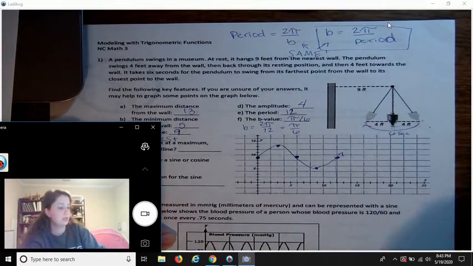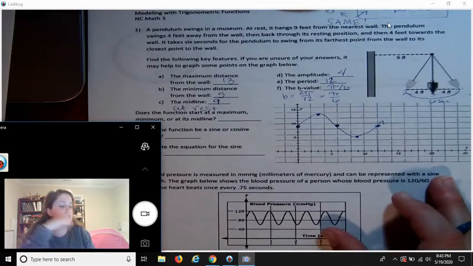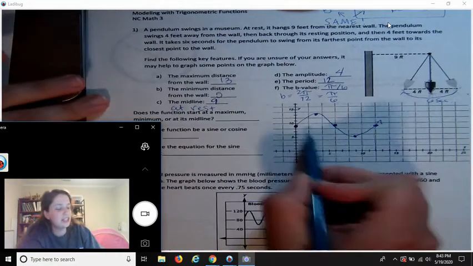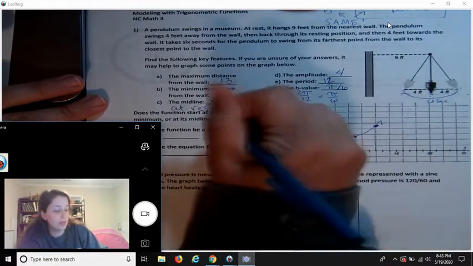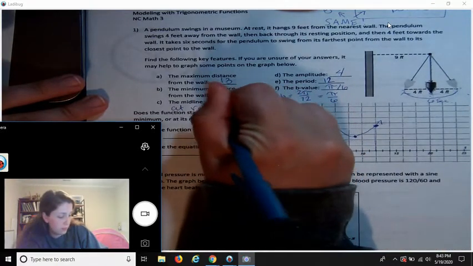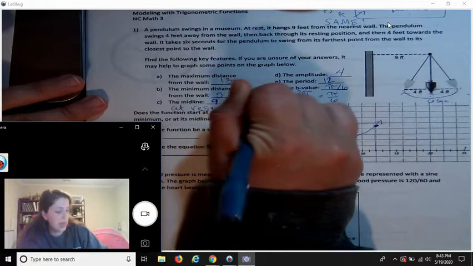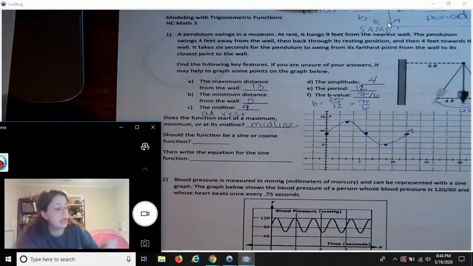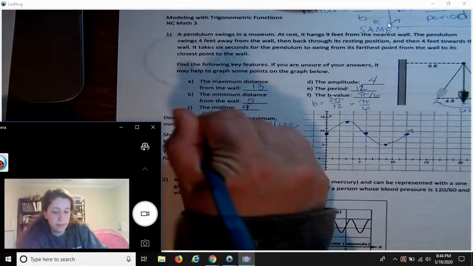Then it asks, does the function start at a maximum, minimum, or midline? Our function here started at the midline. It started when it was at rest. And it says, should the function be sine or cosine? Because it starts at the midline, it should be a sine function.